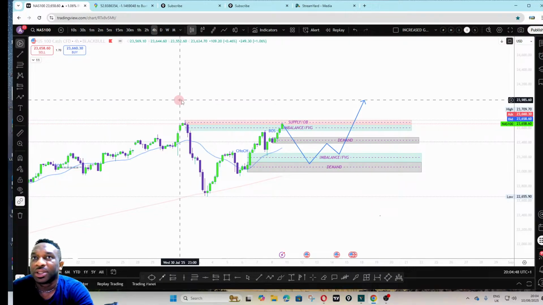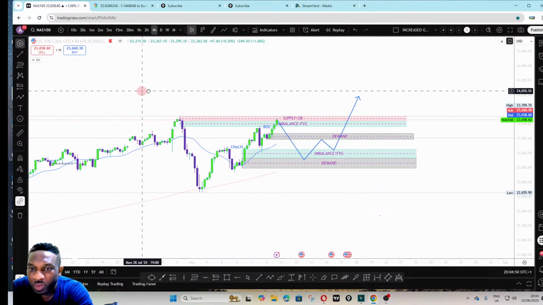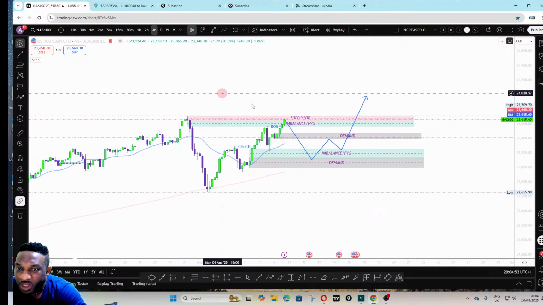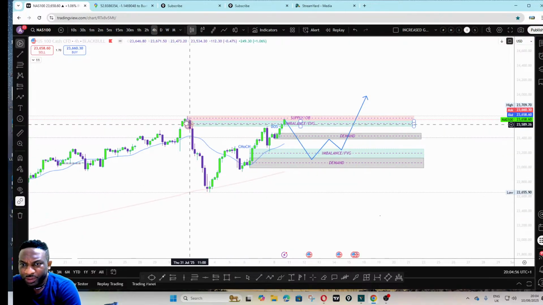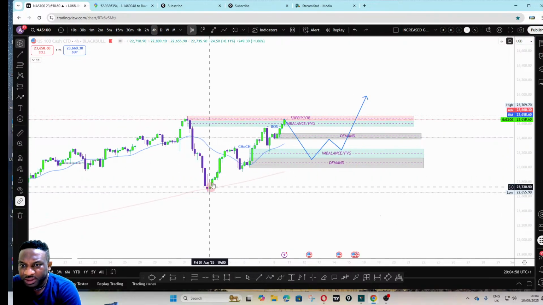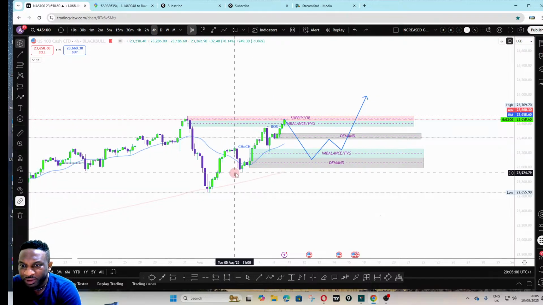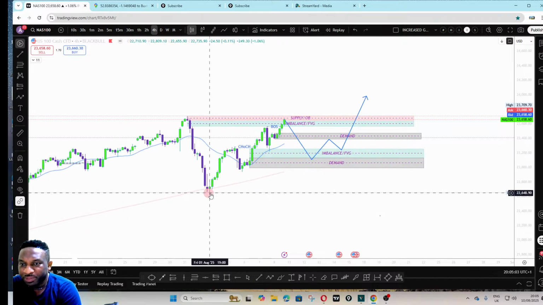Okay, guys, so the same thing that I was talking about earlier on. This is the first leg, second leg. So the failure, this leg was unable to beat the previous record.